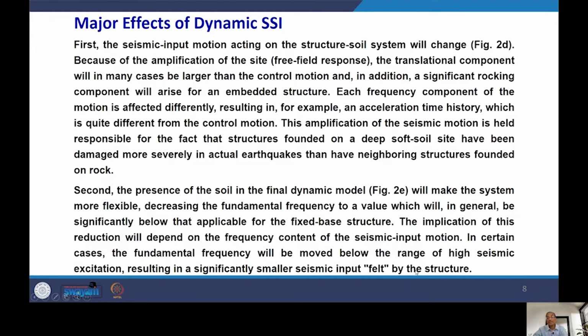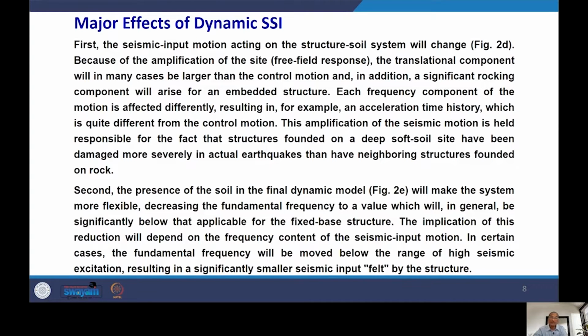As a result, there will be a decrease in the fundamental frequency, and this decrease is generally significantly below that applicable for the fixed base structure. So when you consider soil in the system, the natural frequency of the system gets decreased, below the natural frequency of the fixed base structure.